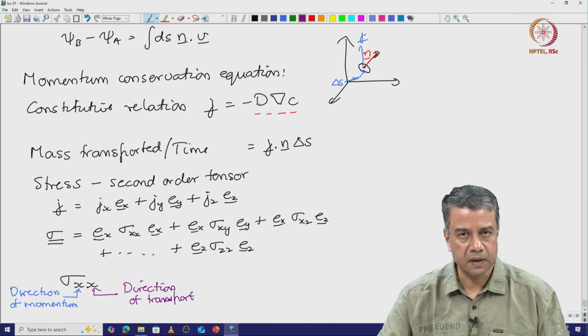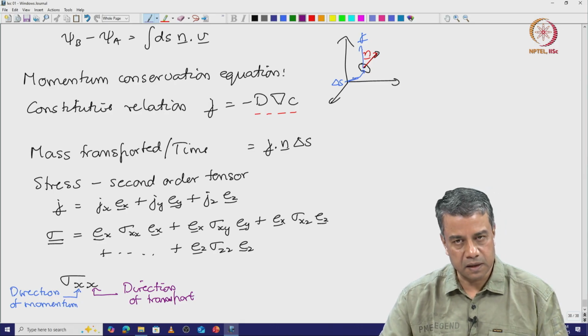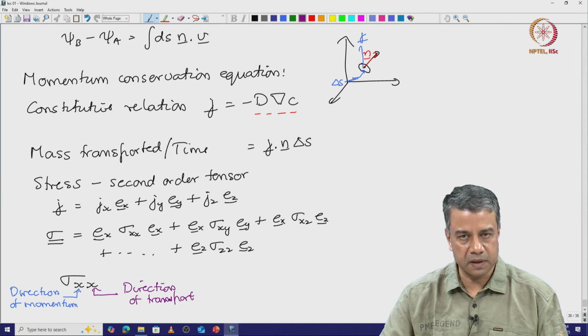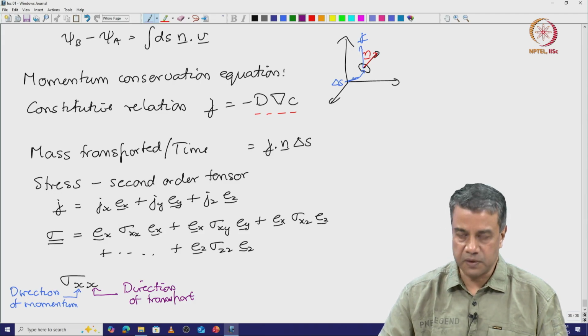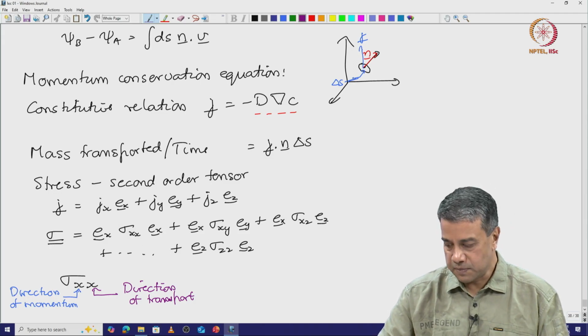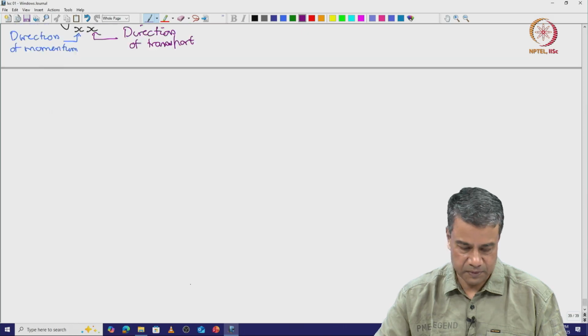So, sigma xx means you are taking the momentum in the x direction that is transported in the x direction. Sigma xy is the momentum in the x direction which is transported in the y direction and so on. So, that is the convention that we will use.